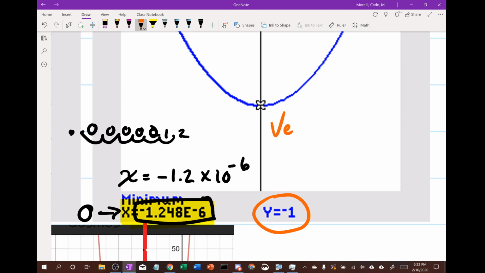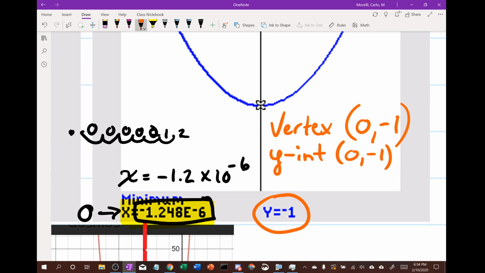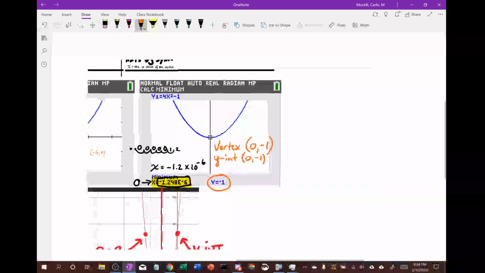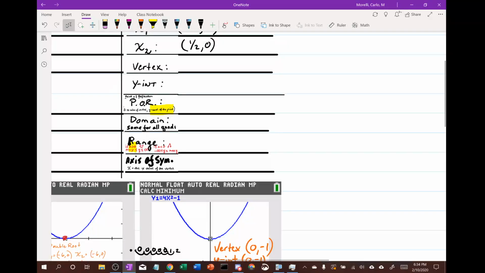So what the vertex is, let's get some of this stuff written down. The vertex is at 0, comma negative 1, and the y-int is at 0, comma negative 1 as well, because it's C. So for vertex, we'll write 0, comma negative 1.